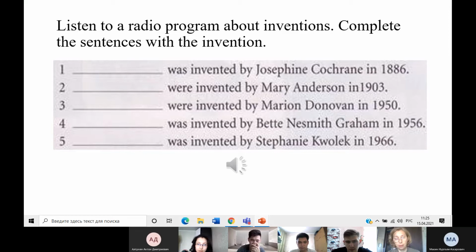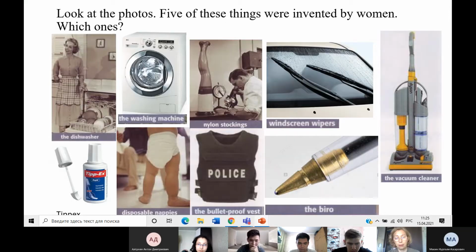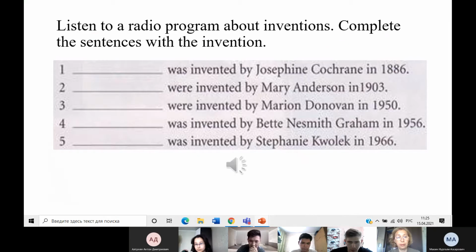Можно предыдущий слайд? Okay. Yes. Disposable nappies. Disposable nappies. Invented by Marion Donovan in 1950.